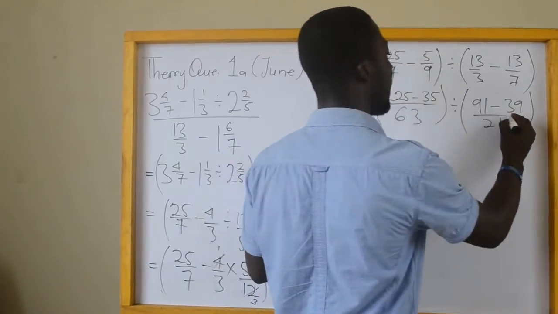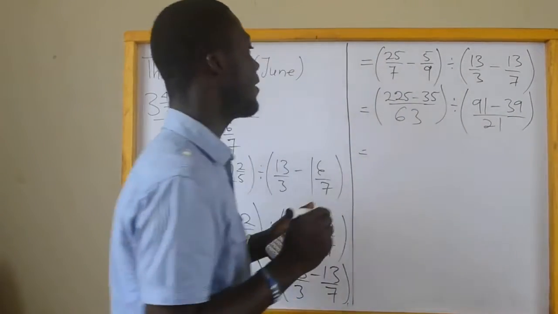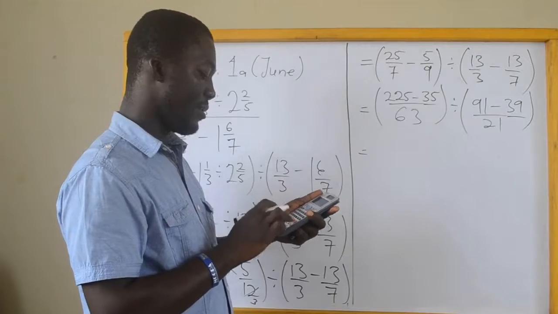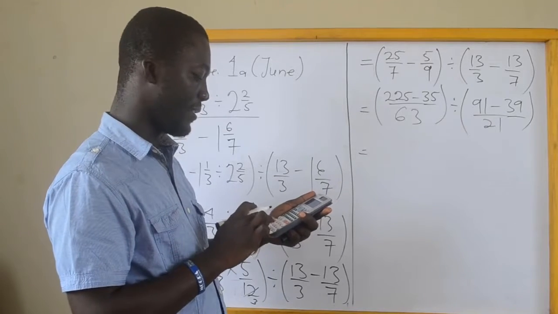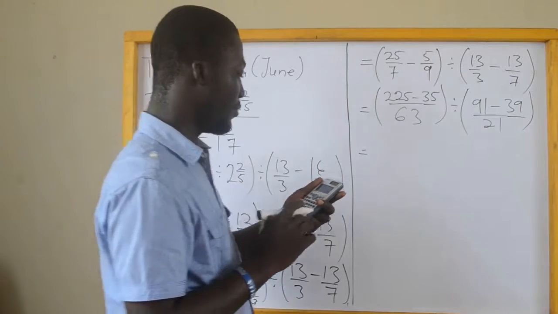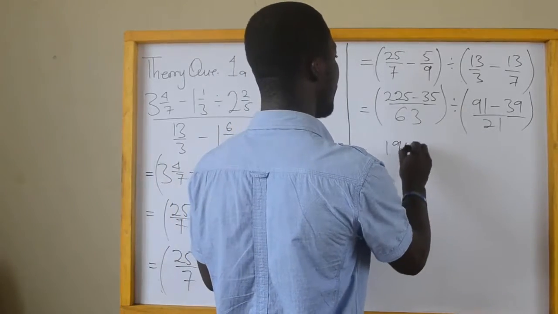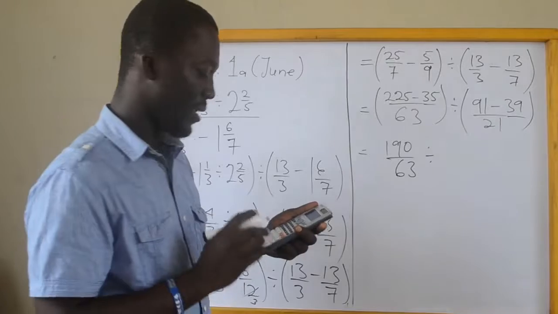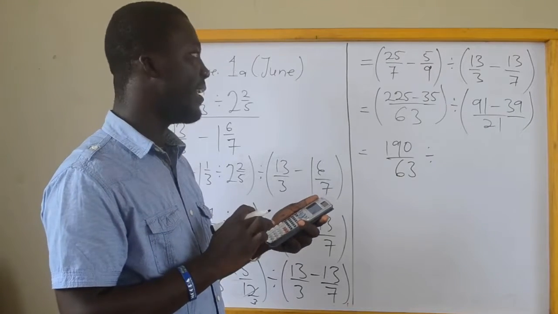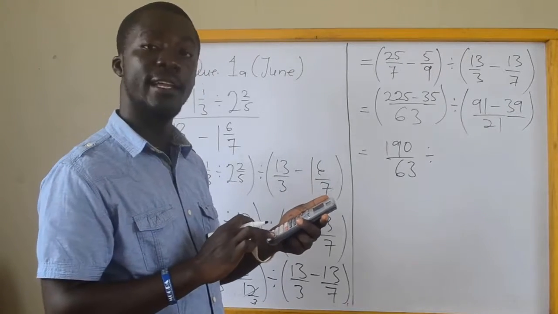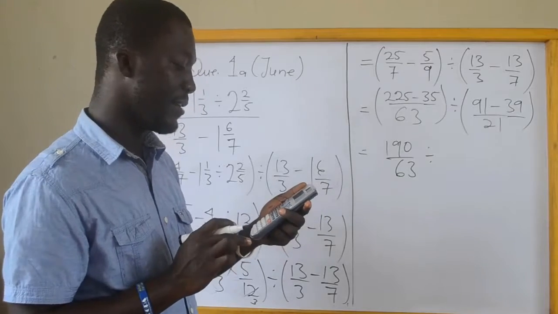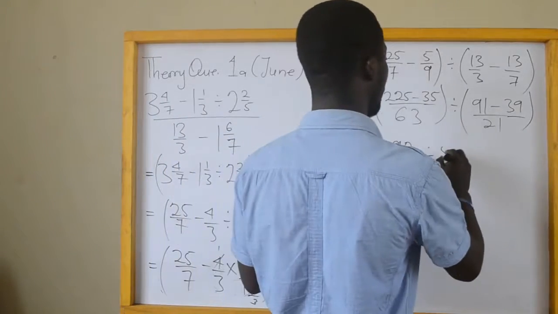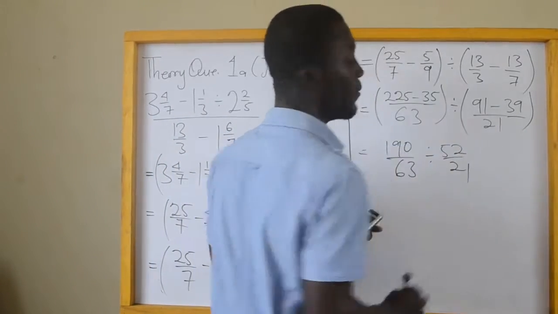So when we simplify, the contents in the brackets are 225 minus 35, which is going to give us 190/63, divided by 91 minus 39, which is going to give us 52/21.